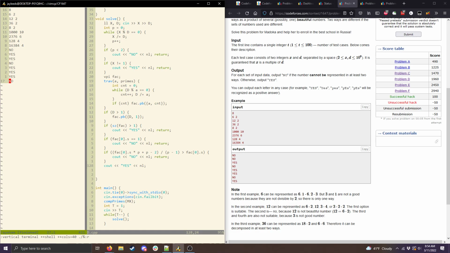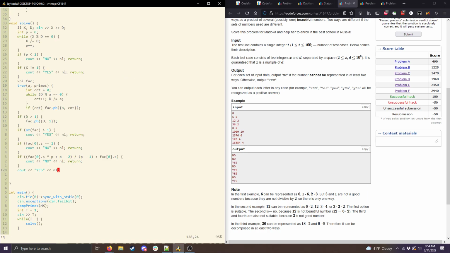Okay, so why is 128 4 impossible? Oh, because they have to be distinct as multi-sets. Oh, okay, hold on, this changes things.